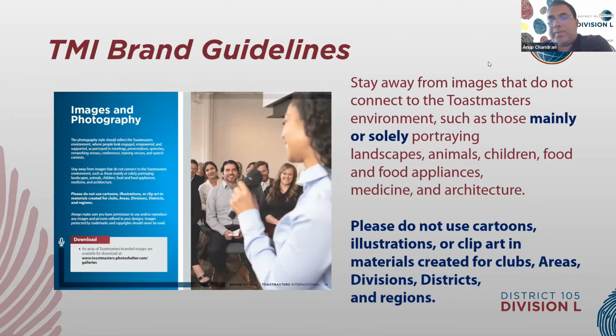The key word here is mainly or solely. So they cannot be standalone. If a TMOD is having his pasta or he's in a landscape, that's okay. That's an exception. But solely depicting food or a landscape is not allowed.